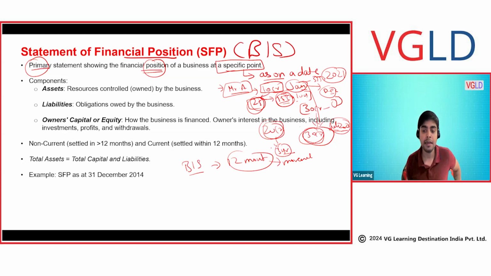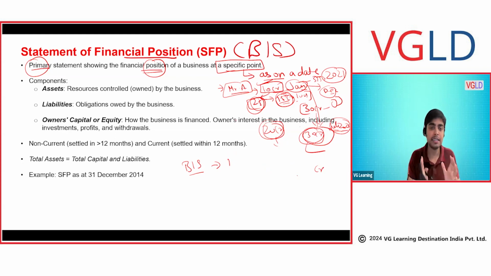If I divide 20 crore by 3 years, it comes to about 6.67 crore per year. So the 12-month movement would be 6.67 crore per year. But if I talk about the position, these two figures reflect the position, not the movement.